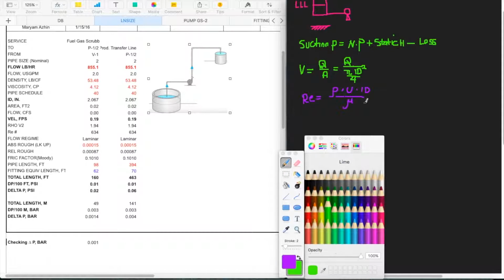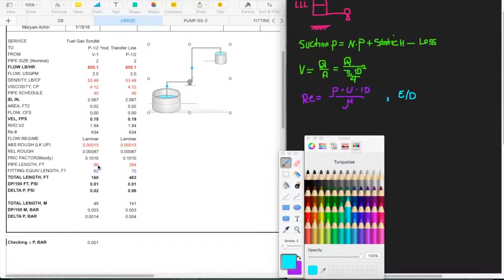Based on the Reynolds number and the relative roughness, which is epsilon divided by d for inside diameter, we can go to the Moody diagram and find the friction factor, which is here 0.1.